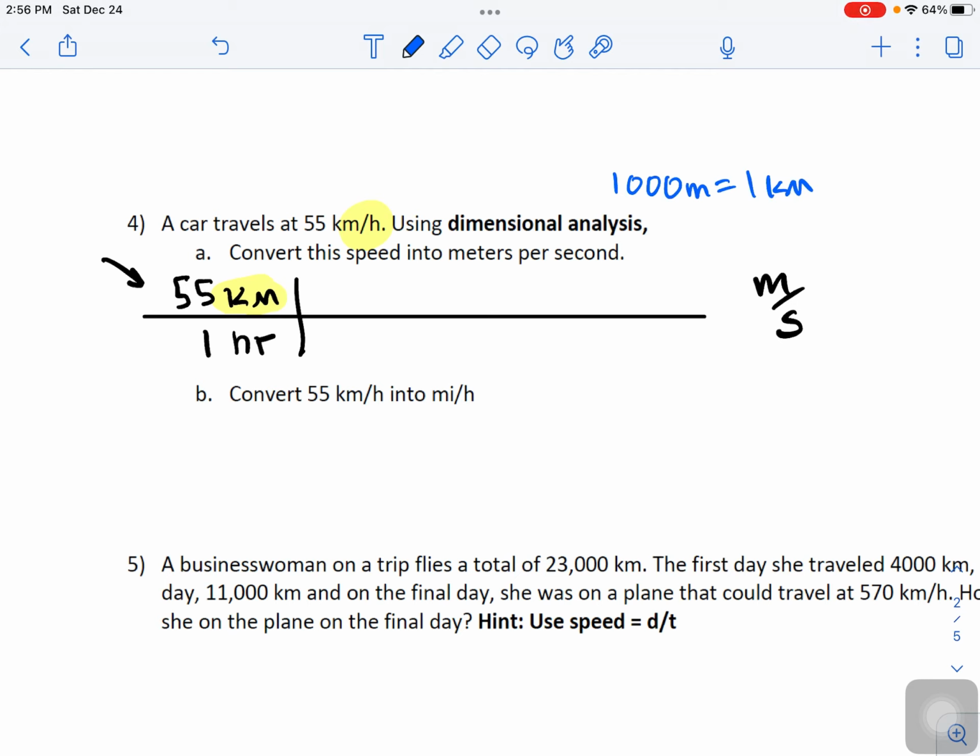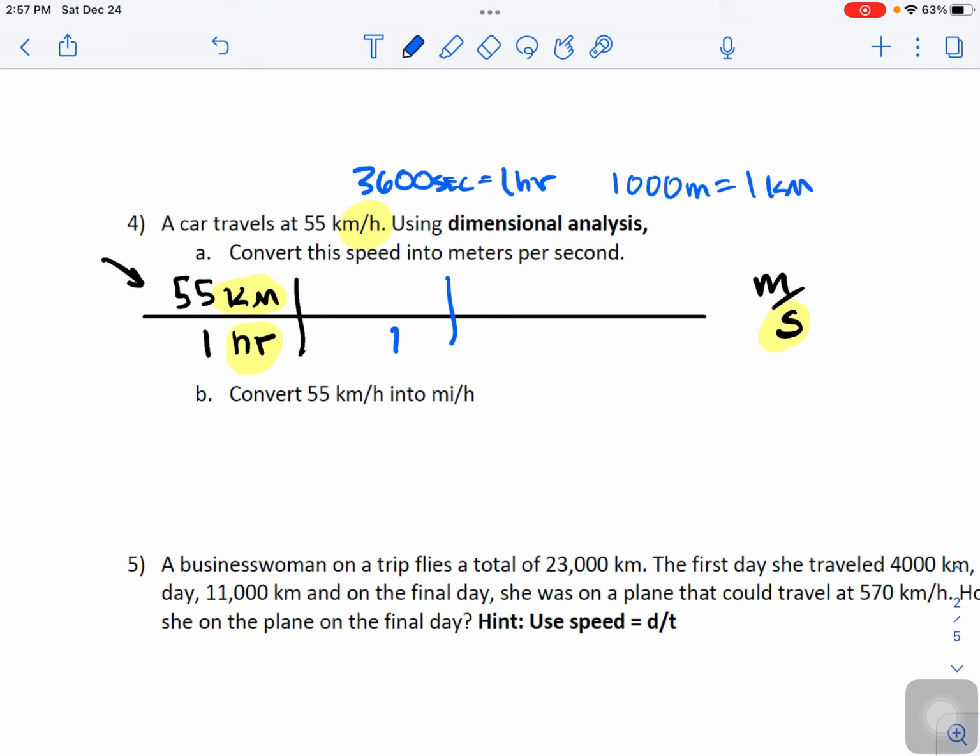That's an important conversion factor. And then you also have to convert from hours into seconds. And on your conversion factor, there's a direct conversion of 3,600 seconds in 1 hour.